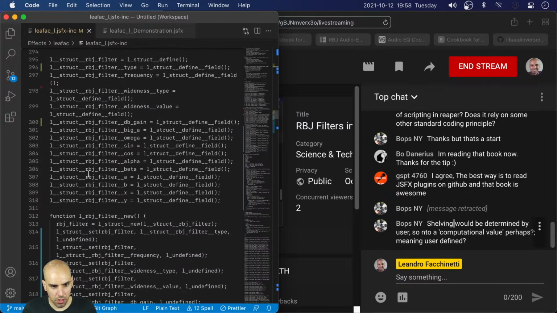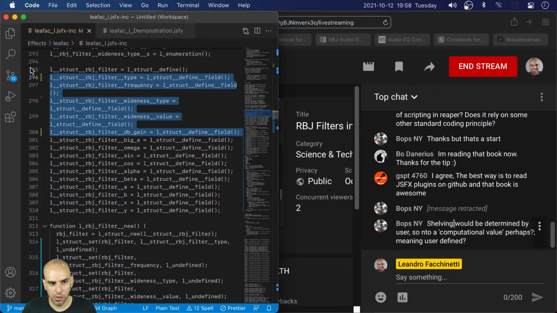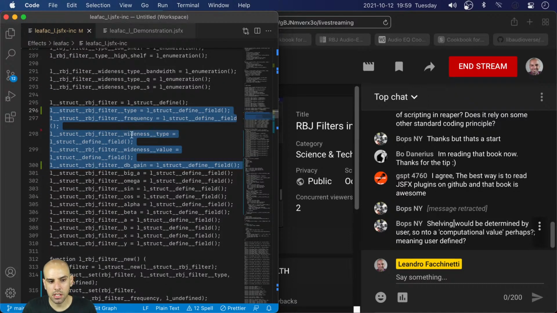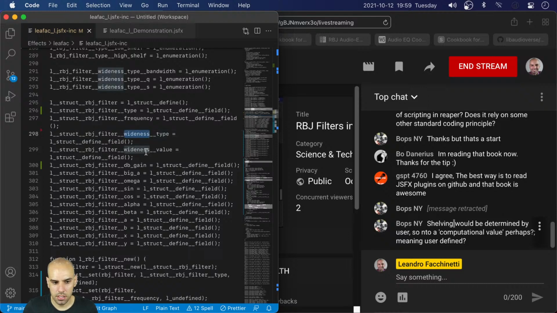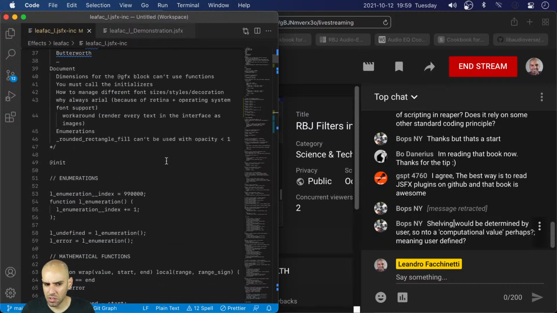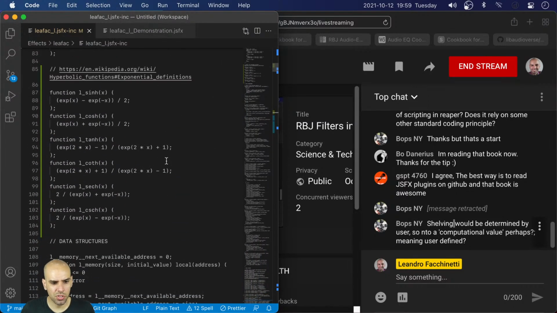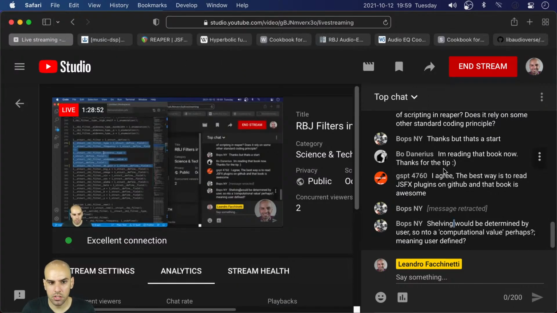But some of the other things like the big A and onwards up to the B's here, all of these lines are not determined by the user. They are computed from these other parameters like the filter type, the cutoff frequency, the wideness, the Q or the bandwidth, and the B gain in case of shelving. Does that answer the question? Not sure I understand the question, but maybe it does answer the question.